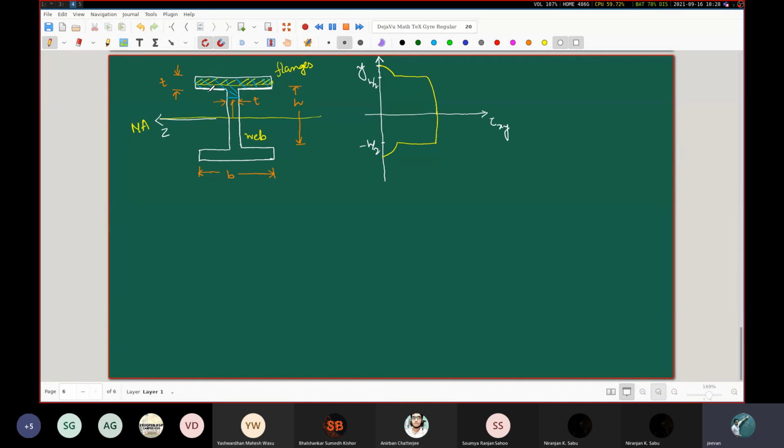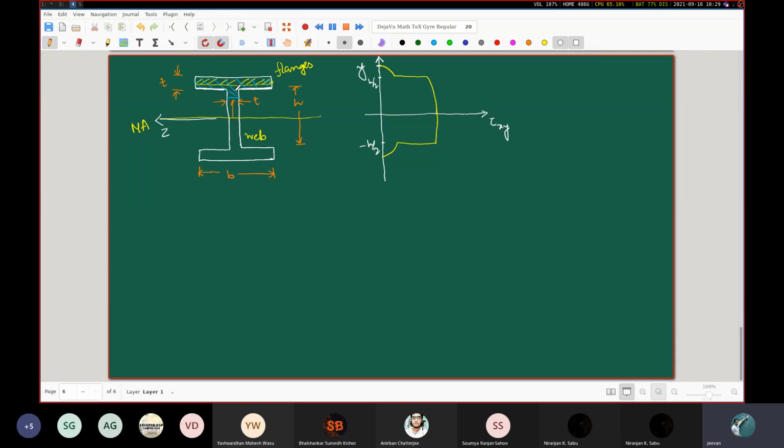Just like we had said for the rectangular cross section, that at the top surface the tau yx value is 0. So also it is 0 here. But you are saying that tau xy is having a non-zero value at this y is equal to h by 2.